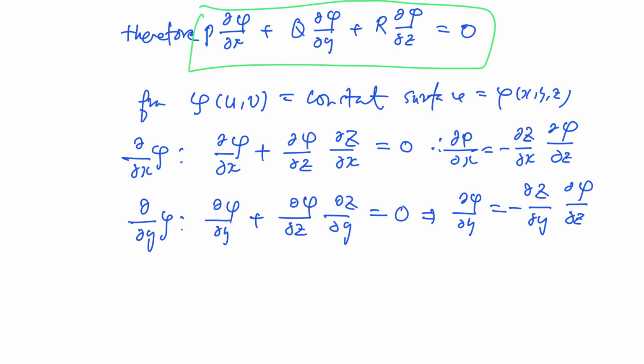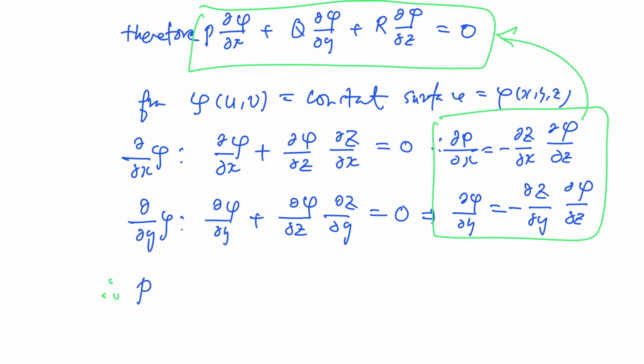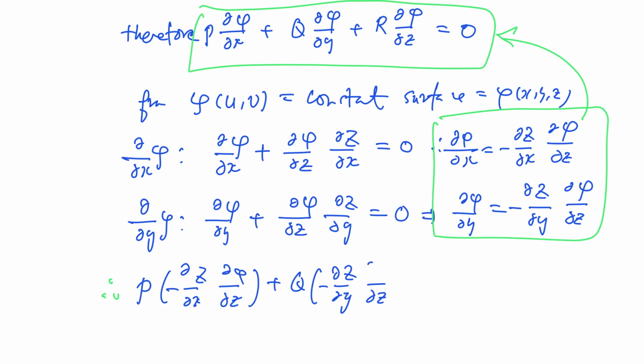So if we substitute this into that, what do we get? Therefore, we have P times (minus ∂z/∂x ∂psi/∂z) plus Q times (minus ∂z/∂y ∂psi/∂z) plus R ∂psi/∂z is equal to 0.